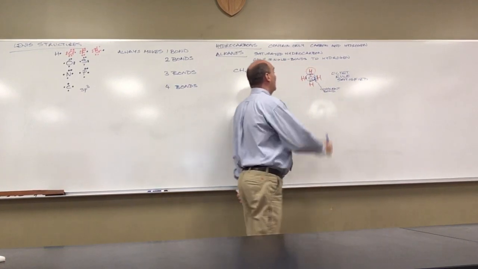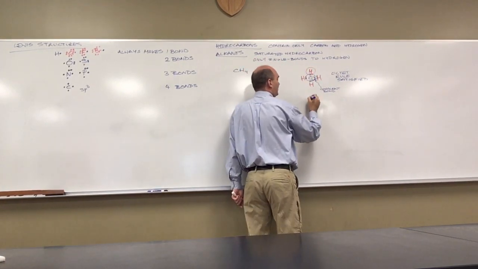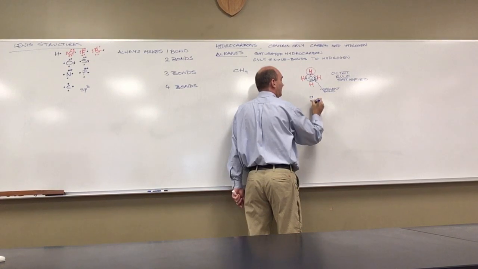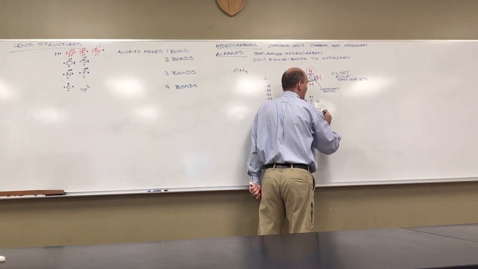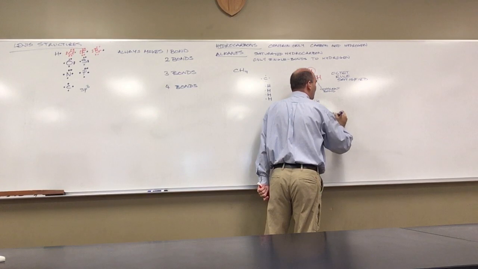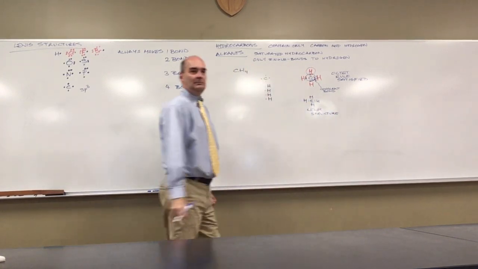This is a stable molecule. This, as written, I'll write it out again, dot, dot, dot, dot, dot, dot. That is a Lewis structure. Lewis structures show you the electron dots.